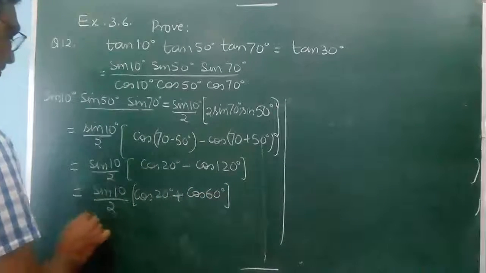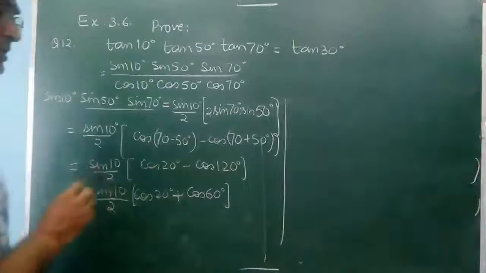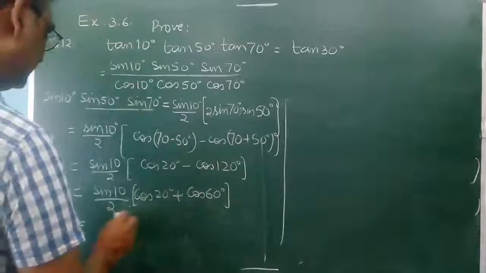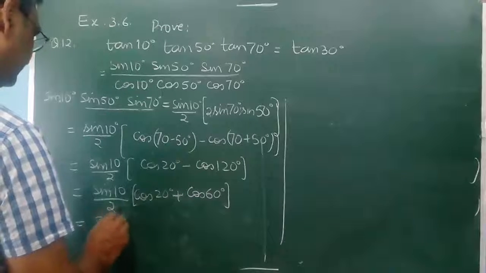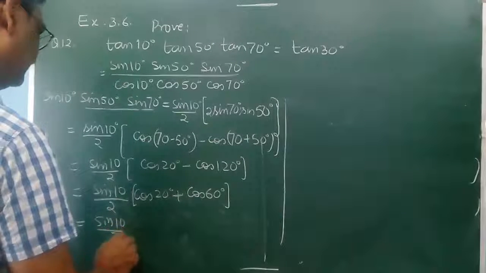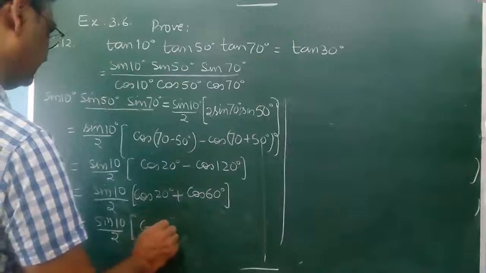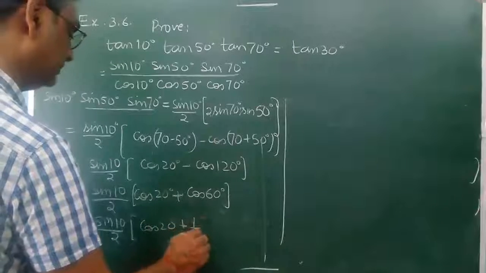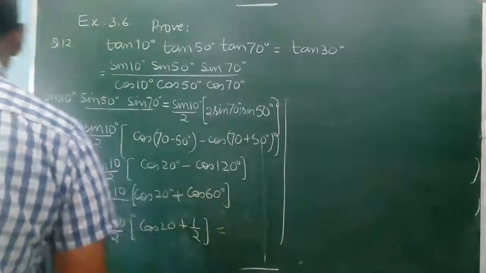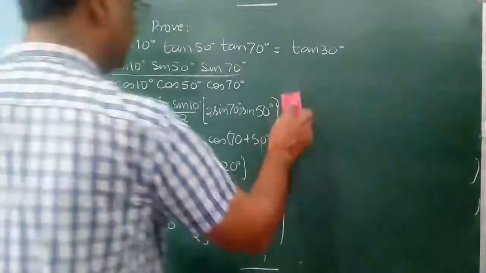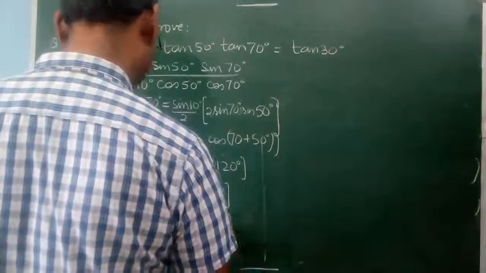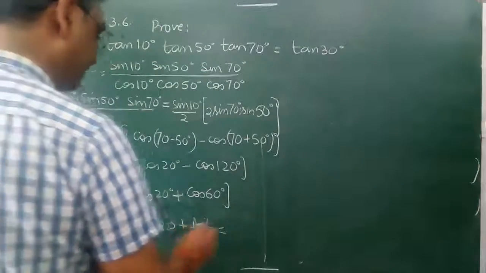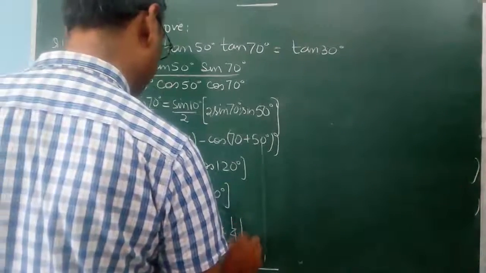This one we have got. Cos 60 is 1 by 2 and 1 by 2 we can take out. What can we do here? We can multiply sine inside and 1 by 2 outside. So this is 1 by 4.